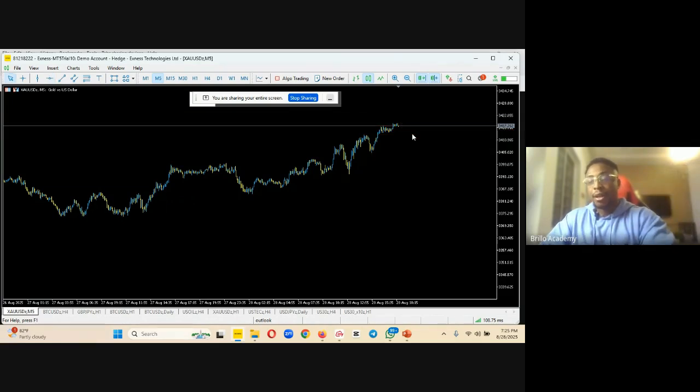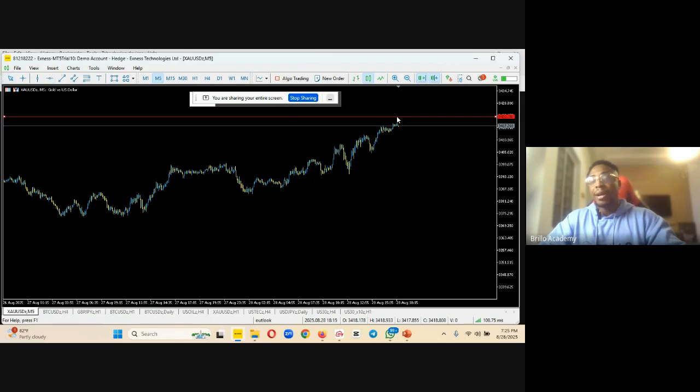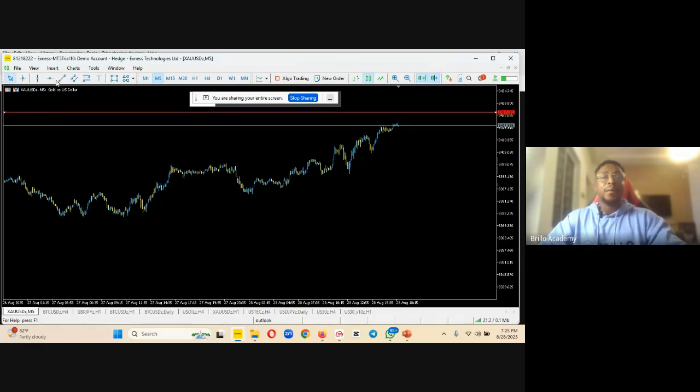I'll set my buy stop above the current market price. So I need the market to get to this red zone before I activate my buy. So this zone is known as my buy stop area, right? The market is not there yet, but the moment the market gets to that zone, it will activate for a buy.